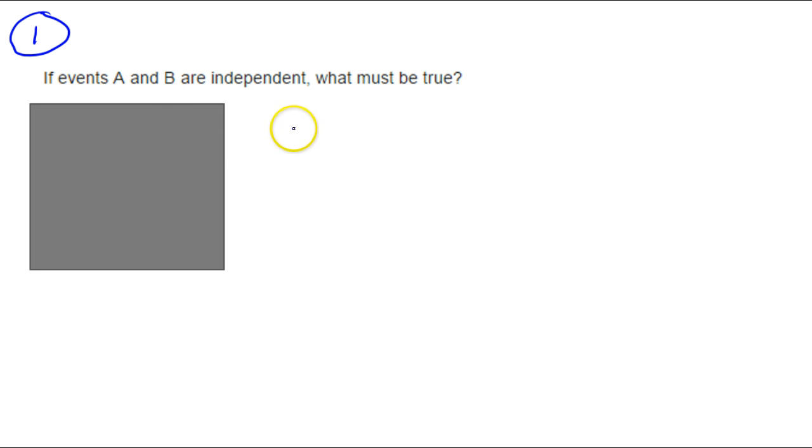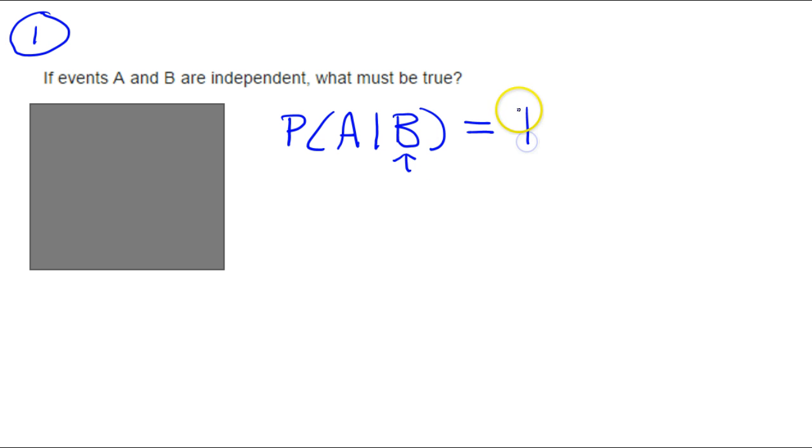Well, based on what I just showed you, if these events are independent, then, for example, the probability of event A, given this additional information that event B is definitely true, if these are independent, then this extra information doesn't actually change anything, and this will equal the probability of event A, as though we took the extra information away. It just didn't really change anything. So that's one thing that we would know.